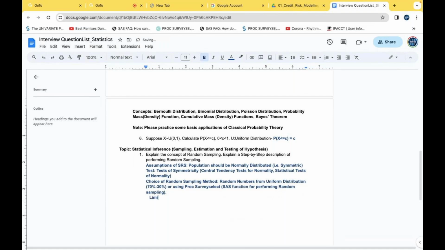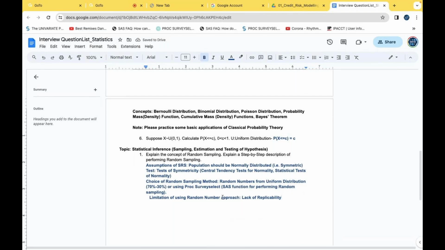there is a limitation. The limitation of using the RANUNI function in SAS, using the random number approach, is that there is a lack of replicability.